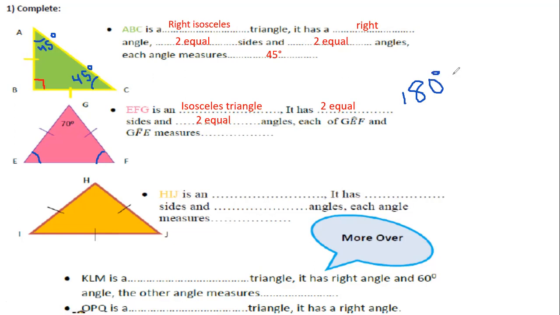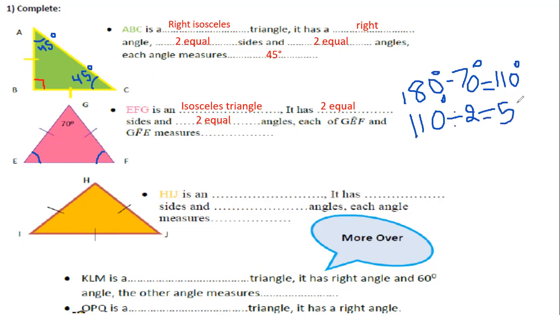We subtract 70 degrees from 180 degrees. What do we get? 110 degrees. Since these two angles are equal, to get the measure of each angle, we divide 110 degrees by 2. We get 55 degrees.